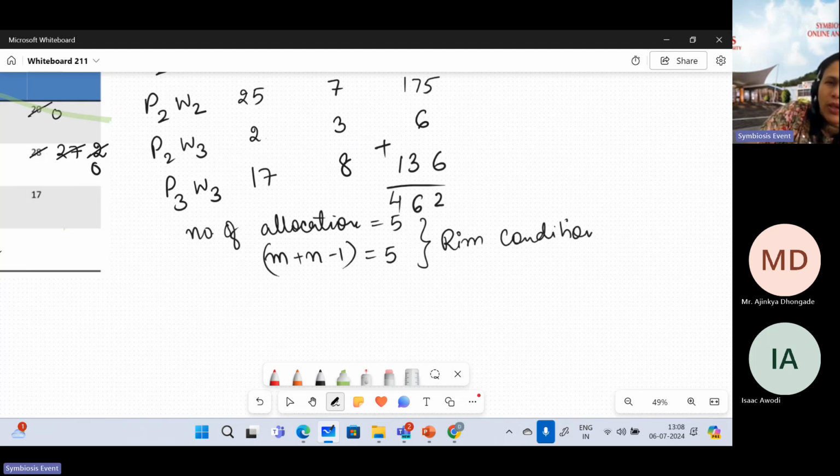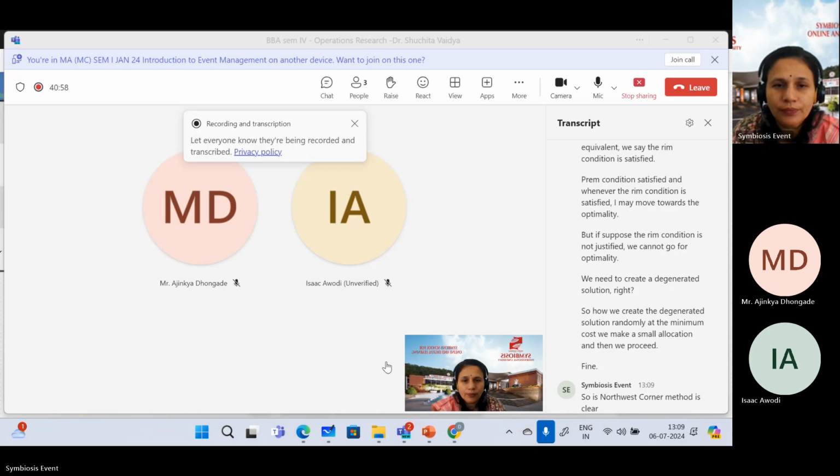And whenever the rim condition is satisfied, I may move towards the optimality. But if suppose the rim condition is not justified, we cannot go for optimality. We need to create a degenerated solution, right? So how we create the degenerated solution? Randomly at the minimum cost, we make a small allocation and then we proceed. Fine. So is northwest corner method clear to everyone?